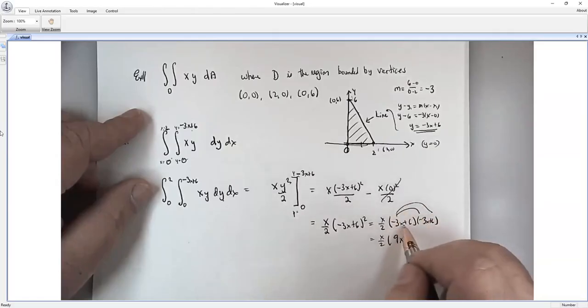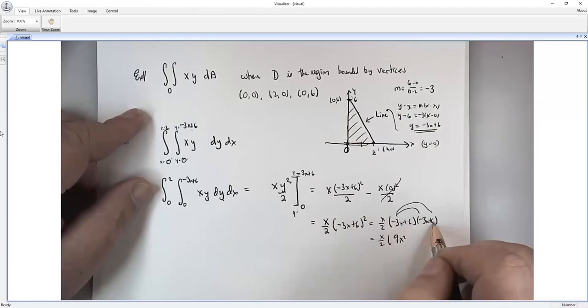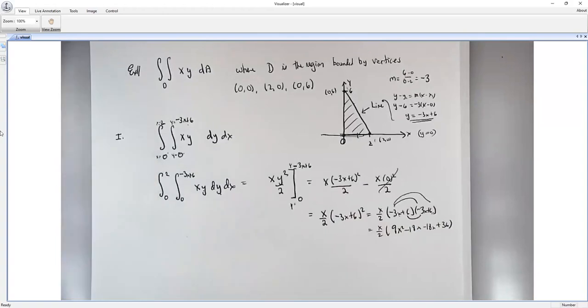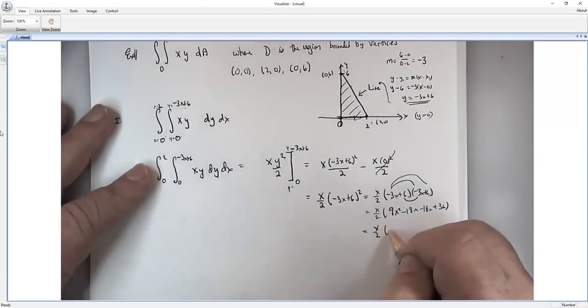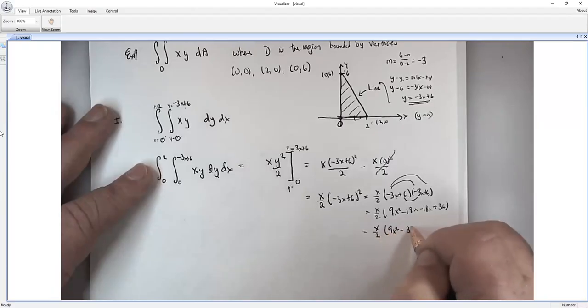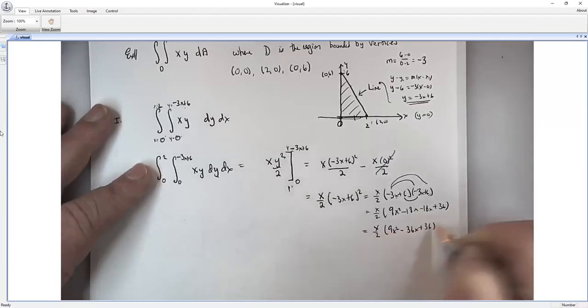Outer, negative 3x times negative 6 is minus 18x. 6 times a negative 3x is another negative 18x, and 6 times 6 becomes a plus 36. Cleaning this up, this gives me x over 2 times 9x squared minus 36x plus 36.